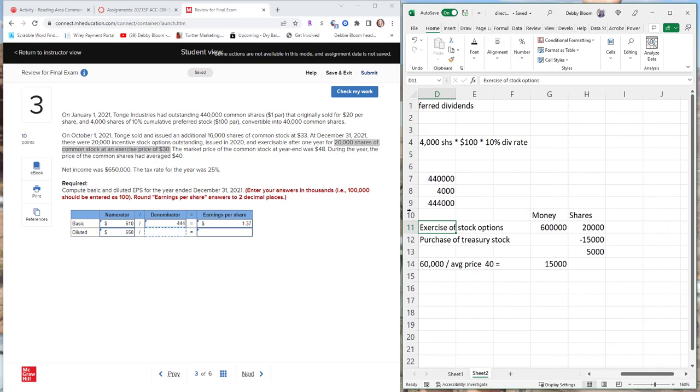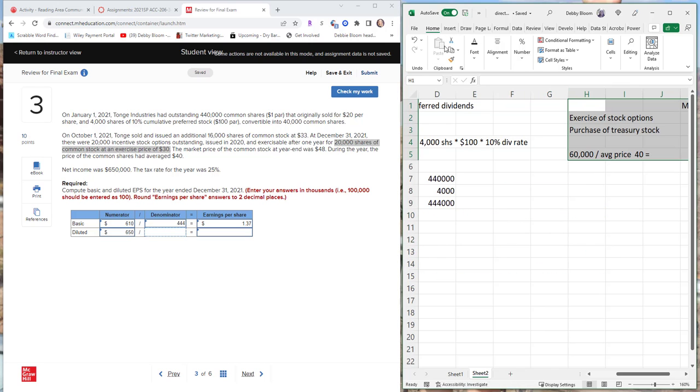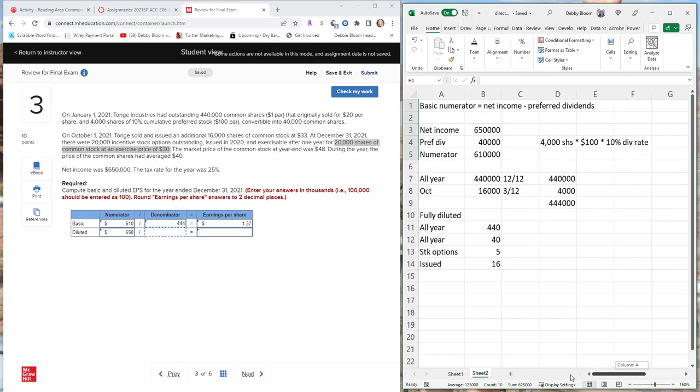All the things that are all year are going to get a fraction of 12 over 12. So our first three, including the stock options, we assume are issued as of the beginning of the year. But our shares that were issued on October 1st, October, November, and December, are going to get a fraction of 3/12.